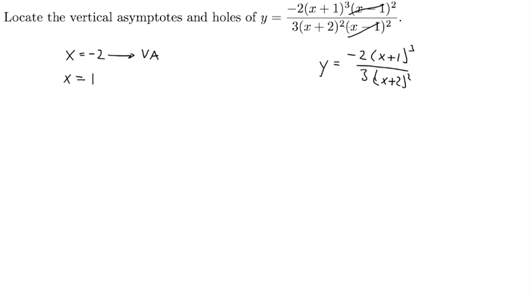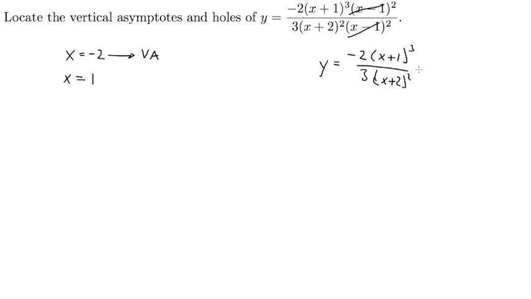This original graph was not defined at x equals 1. At x equals 1, we divide by 0, and that is always bad news. It doesn't matter what the numerator is. If we're dividing by 0, we don't like that. So we're not even going to calculate what happens there. Whereas for this function, at x equals 1, who cares? Nothing bad's happening at all.